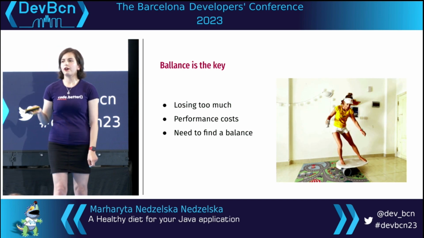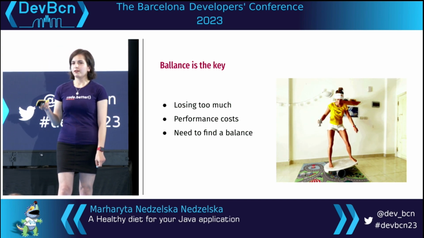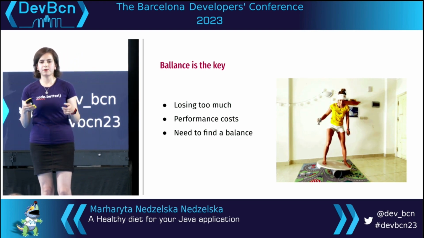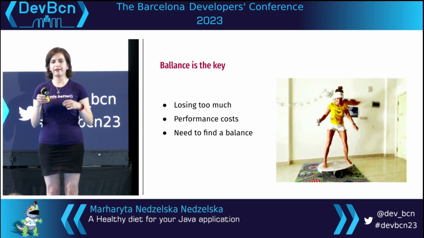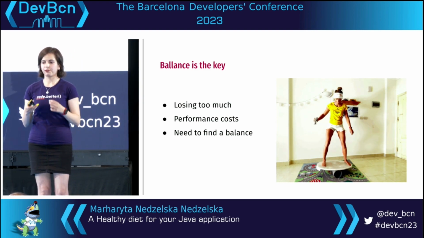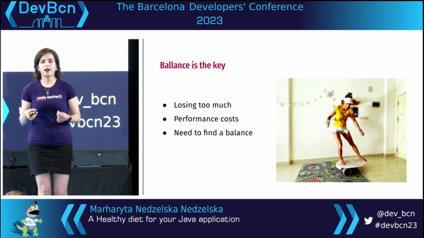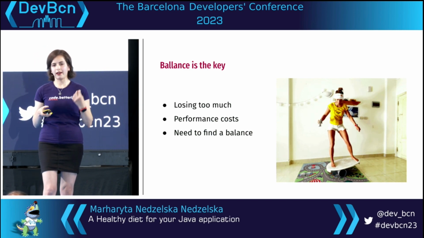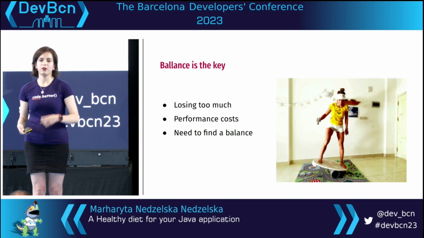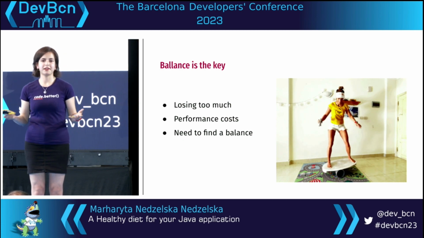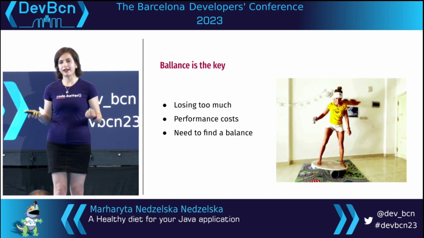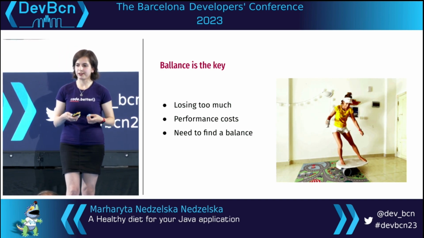When we are talking about reducing memory footprint, we need to find some balance. Sometimes, if you just want to do some cosmetic changes here and there, you can lose too much memory, which is great. However, your application can have a decreased performance because now you spend more time loading classes again and creating static fields again and recreating some objects that were weakly referenced.